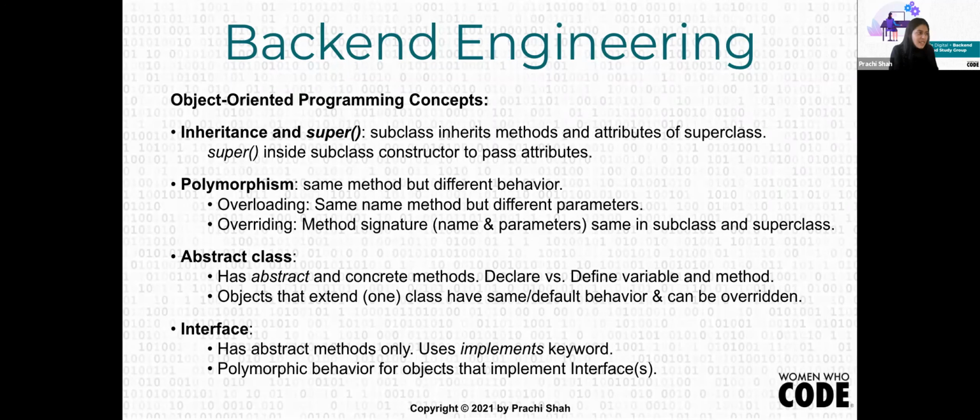An interface only has abstract methods, in the sense that you just declare methods, you never define anything. If you want to use an interface, you use the implements keyword, which is different from an abstract class or any other class in inheritance where you use the extends keyword. Polymorphic behavior, which we talked about, overriding, leverages the concept of interfaces. We'll look at the code and you'll understand this a bit more.